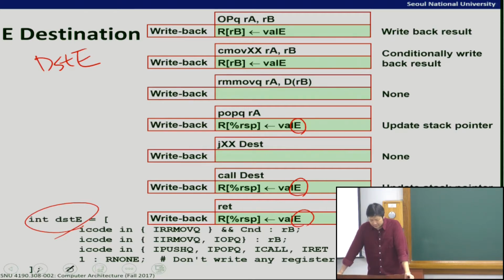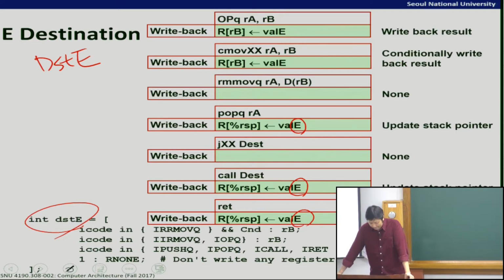The destination register ID for the first write port, the E port, is determined like this: if the I code is RR move and the condition is satisfied, then RB will be the destination.